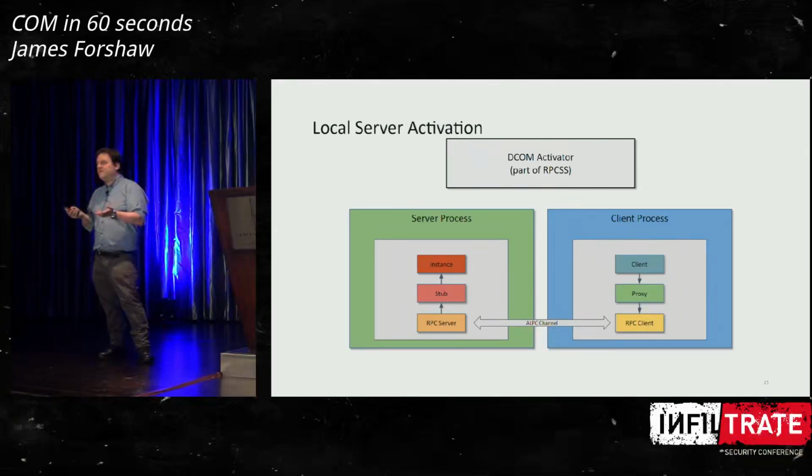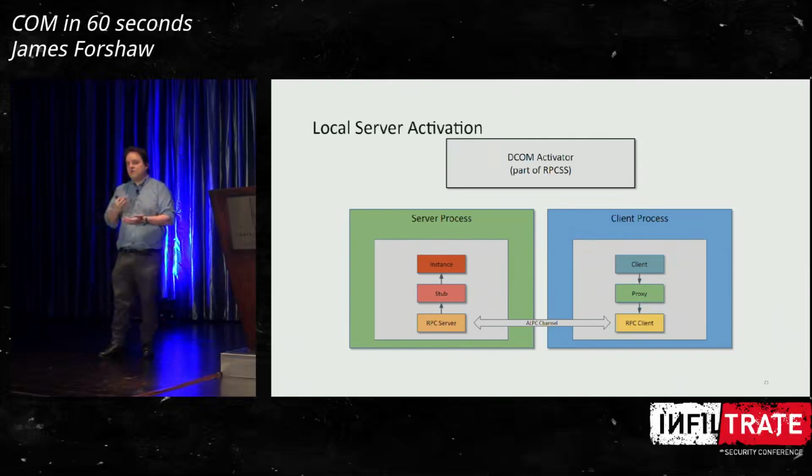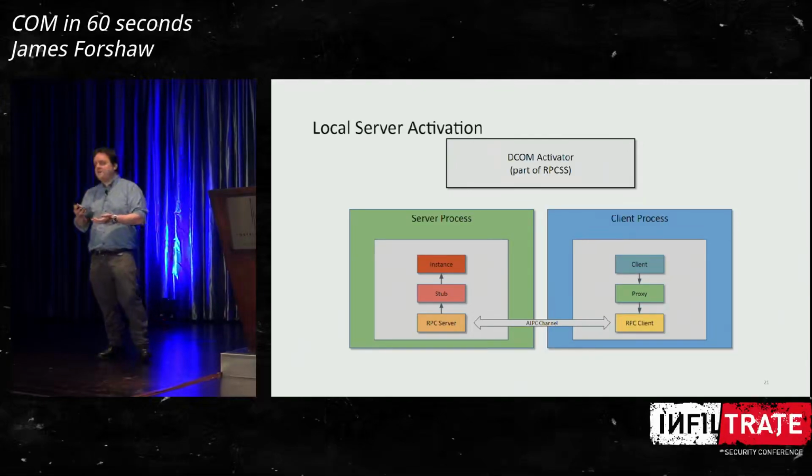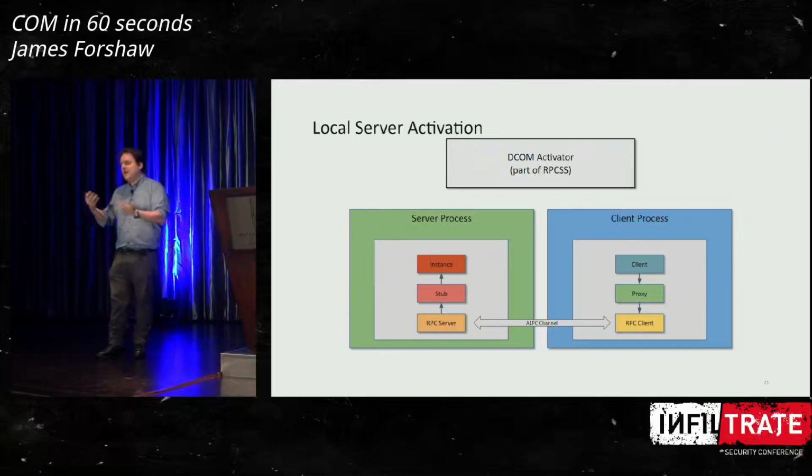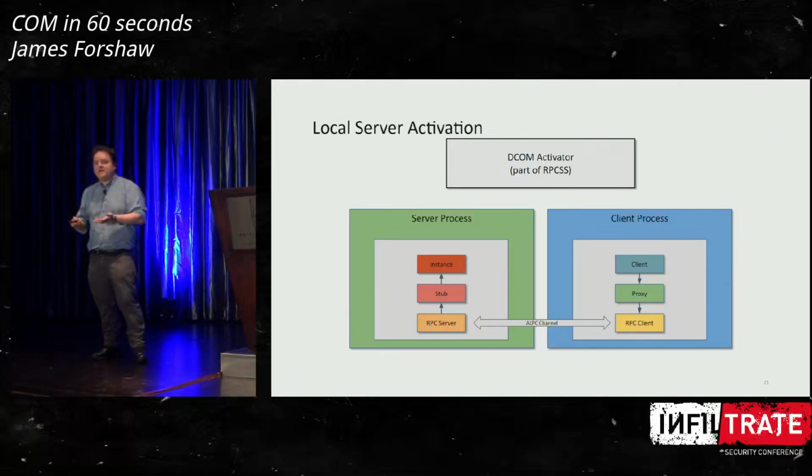But the other main difference is how you go about activating an object. When you're activating an in-process object, you just call load library, job done pretty much. But in the out-of-process case, you need to create the process which is going to host the object for you. Now you could just do that manually. The client could just create the process, but you've got sharing problems.